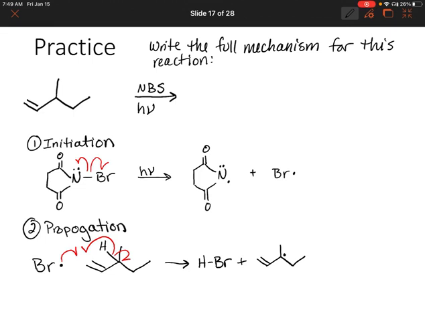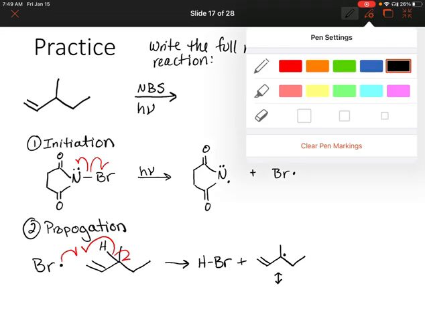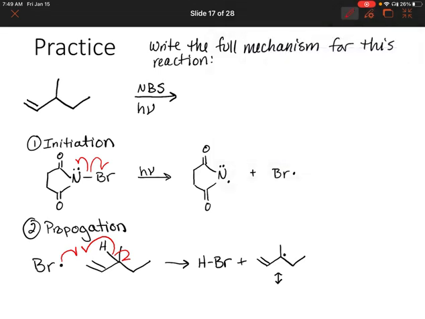Now remember, there are resonance structures here, so let's draw our other resonance structure. I'm running out of room, so let me make this arrow smaller. There we go. Let's show the resonance structure here. The reason we have a resonance structure is due to the double bond.